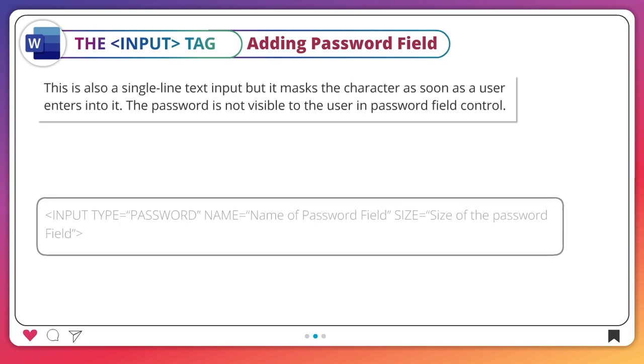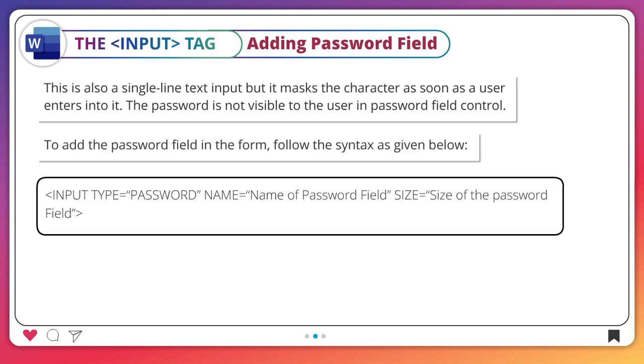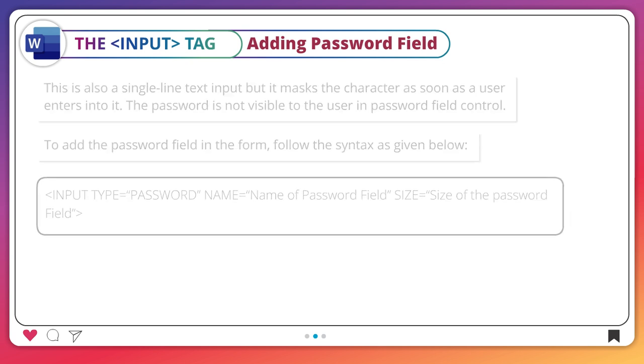Adding password field. This is also a single line text input, but it masks the characters as soon as a user enters them. The password is not visible to the user in the password field control. To add the password field in the form, follow the syntax as given below.